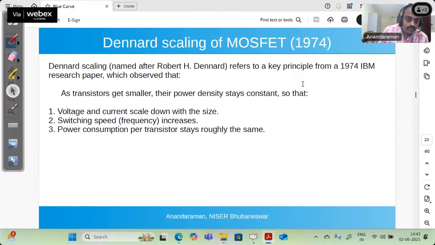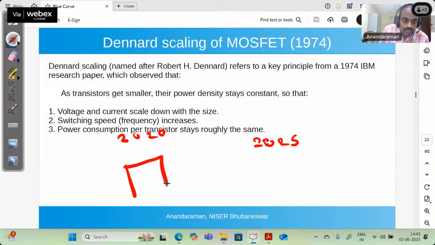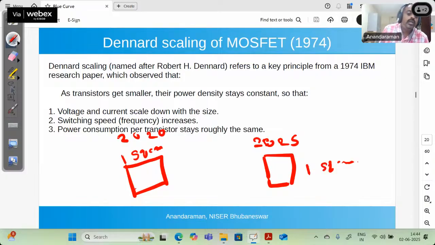For example, in the year 2020 and 2025, take a chip of size 1 square centimeter, the same size.